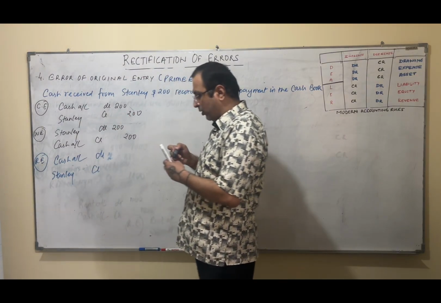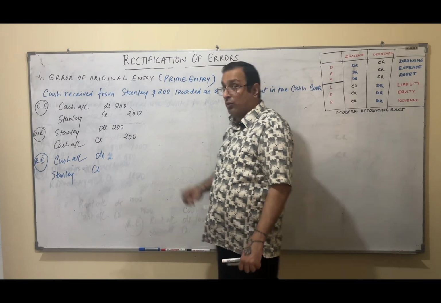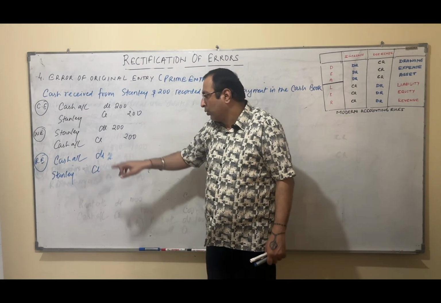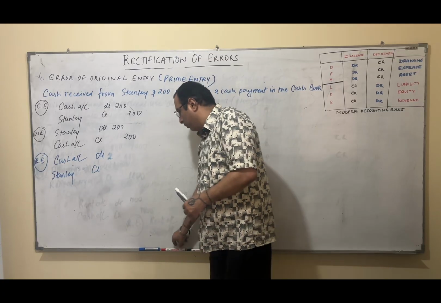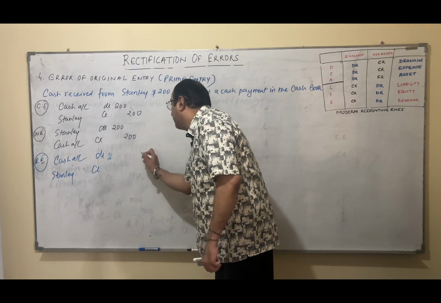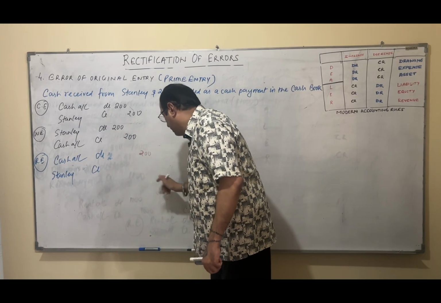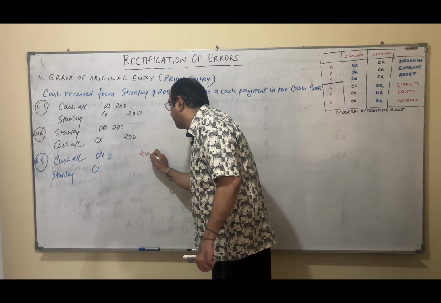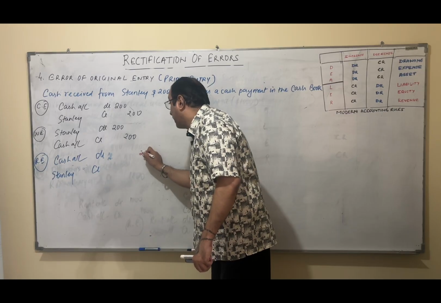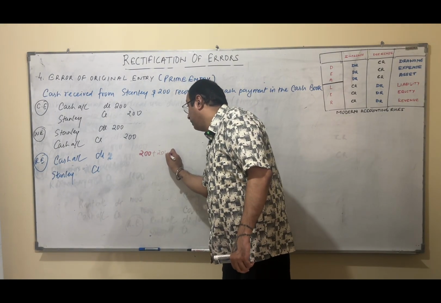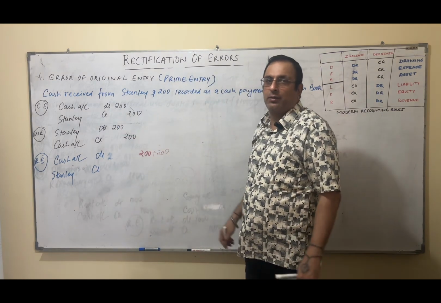And when I talk about the amount, I told you that to rectify the mistake, I will reverse it. So I will write 200 once to rectify it. Rectified. But I have to record also. I will write one more 200 now to record in the debit side.